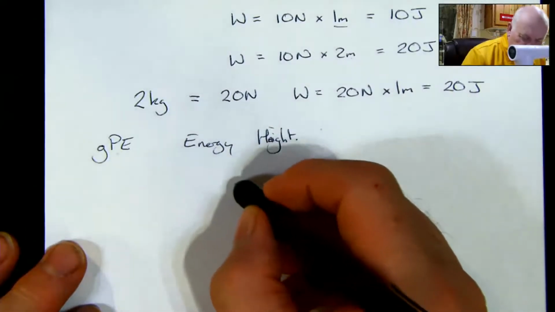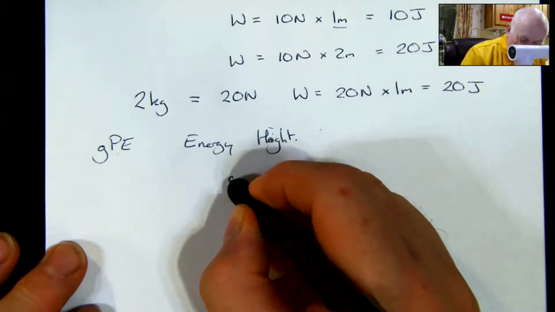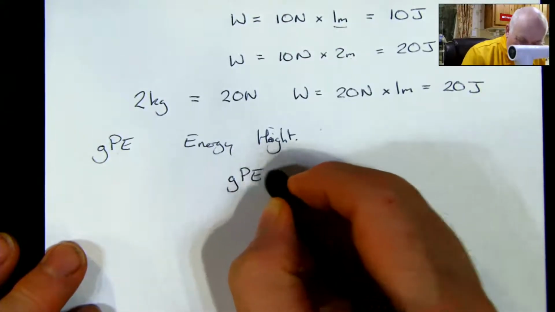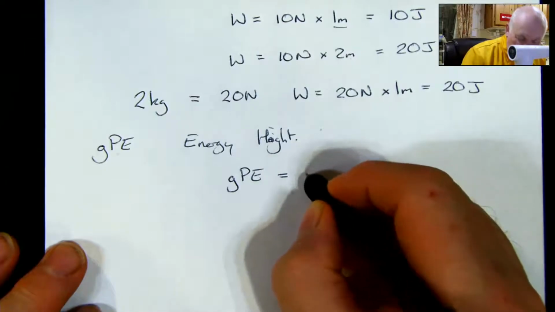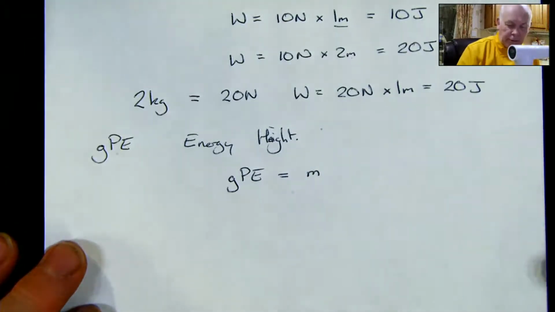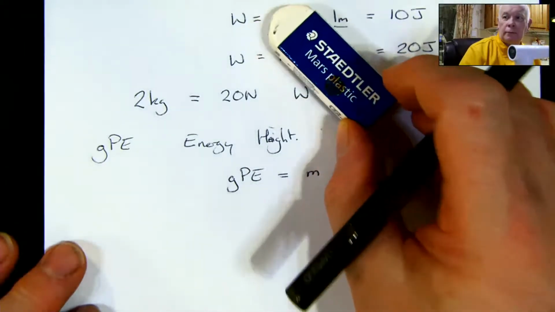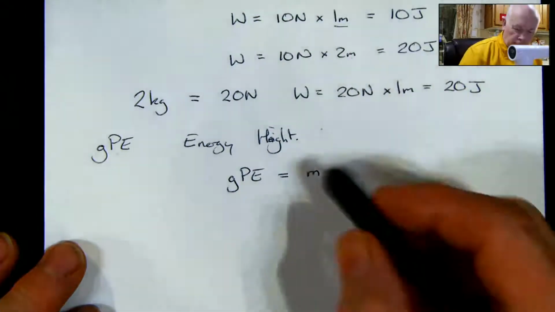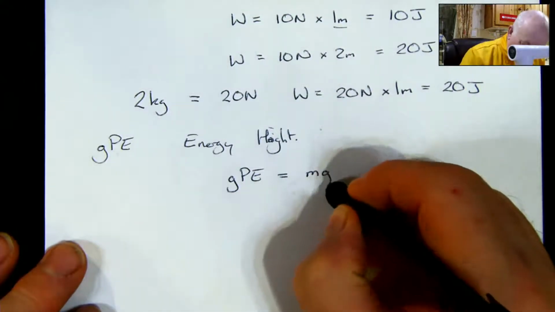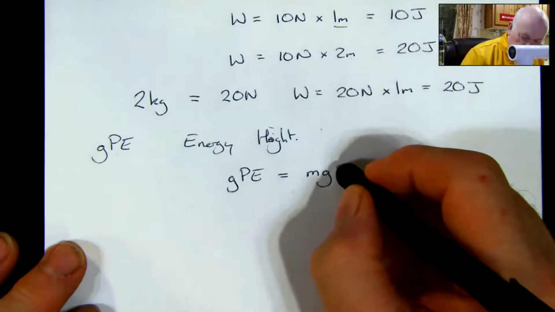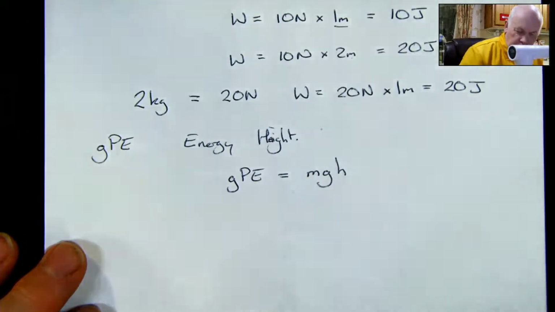Gravitational potential energy is going to equal the mass that I'm going to lift up, like this rubber, the force of gravity, and the height, mgh.